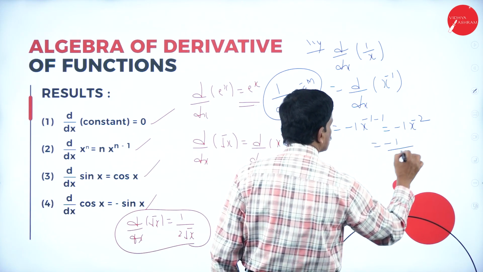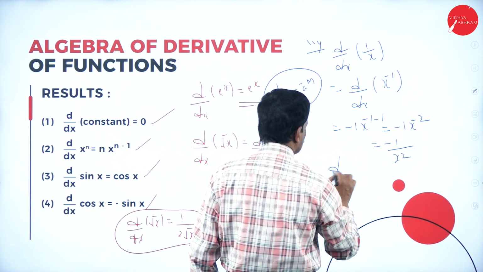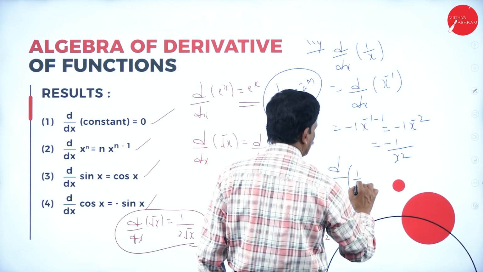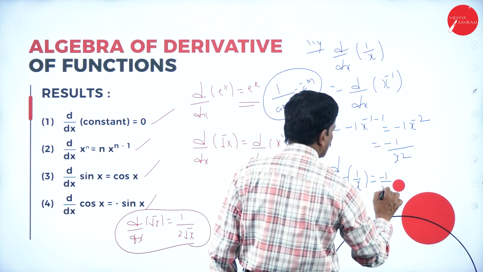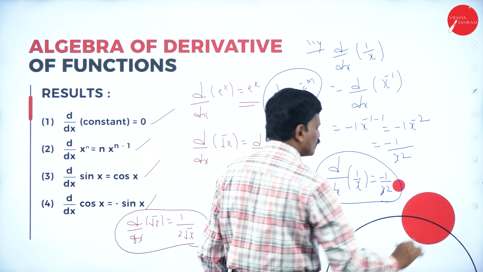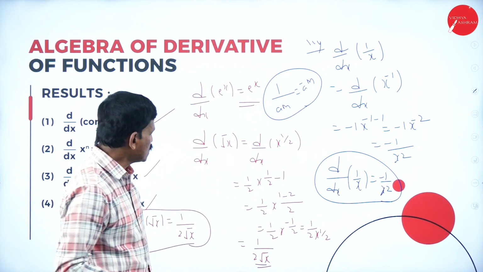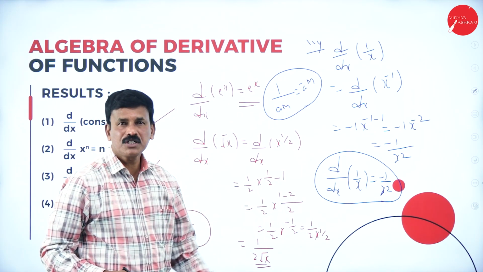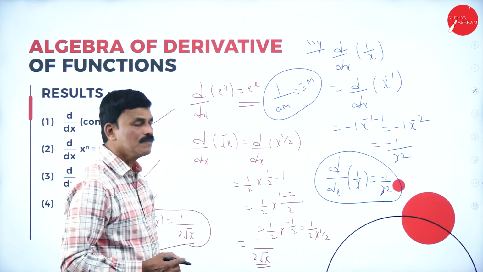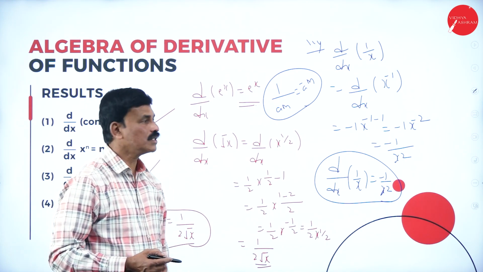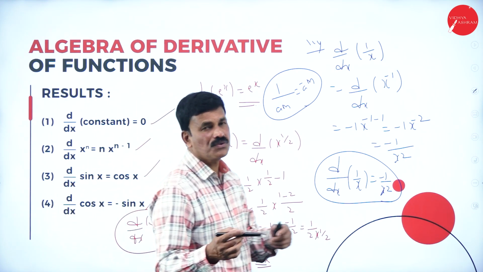Bring this to the denominator: x square. So d by dx of 1 over x is equal to minus 1 by x square. Derivative of root x is 1 over 2 root x. Derivative of 1 by x is minus 1 by x square. Very important formulas.